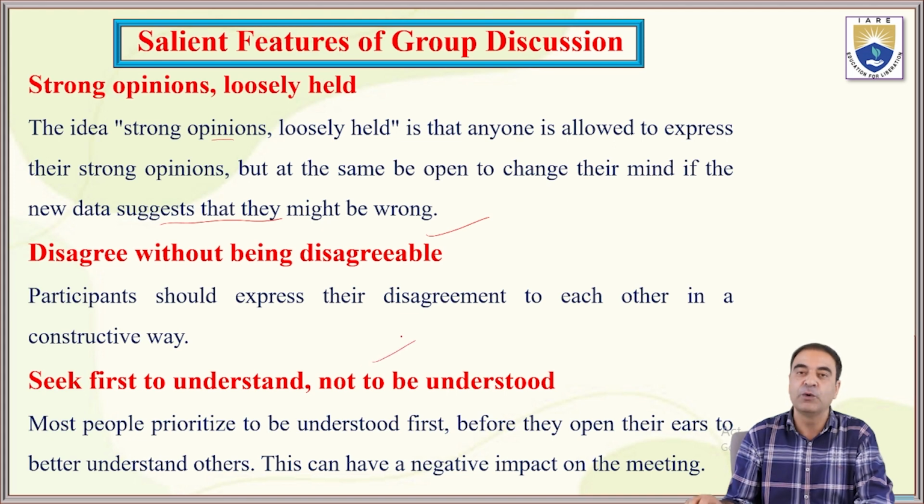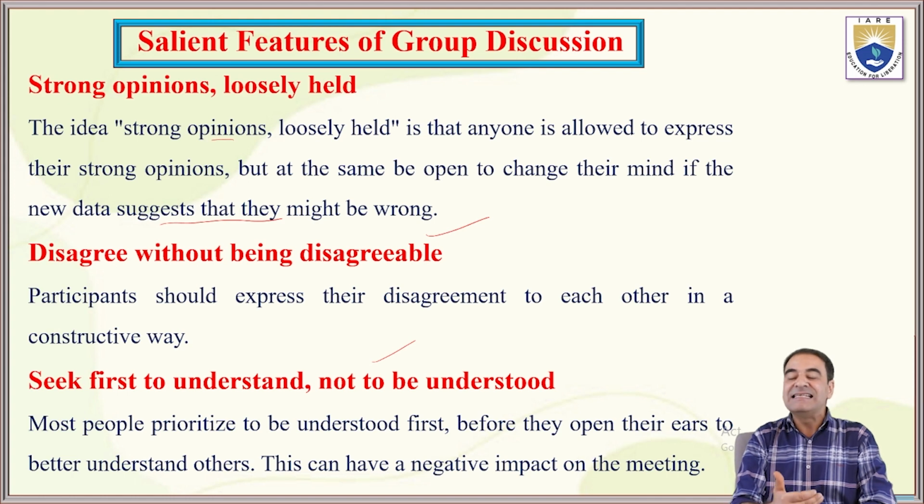The next one is seek first to understand and not to be understood. This is the most important one. Again, it comes to our listening skill. It's a natural desire in human beings to understand people or to be understood.